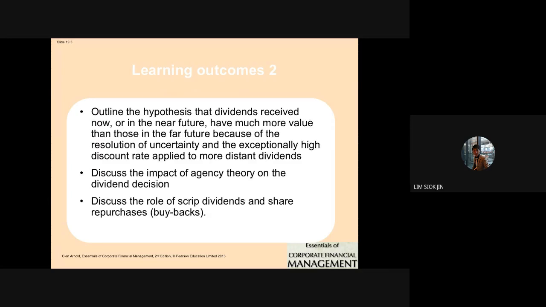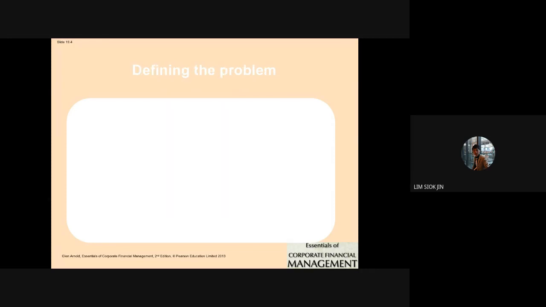So next, we will also learn about how dividends that are received now or in the future have different values. And we'll talk also about agency theory, its impact on dividends, and not just cash but script dividend, and this new thing called share repurchase. Later we'll see.